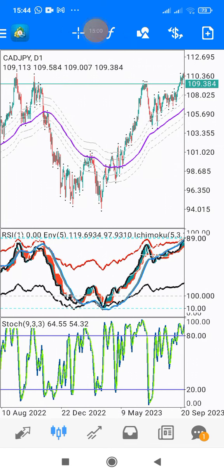We have to pay attention and ensure that the candlesticks are now above the middle fractals.